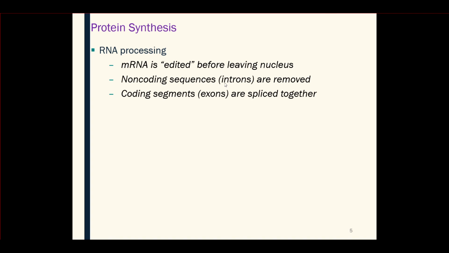We call the non-coding sequences introns. These are the ones that are removed. Whatever codons stay in are the exons, and then we splice the remaining exons together. Like I said, there are enzymes called splicing enzymes that do that for us.